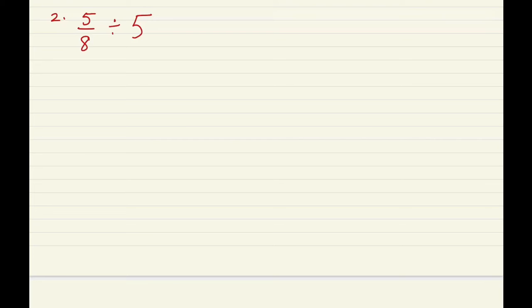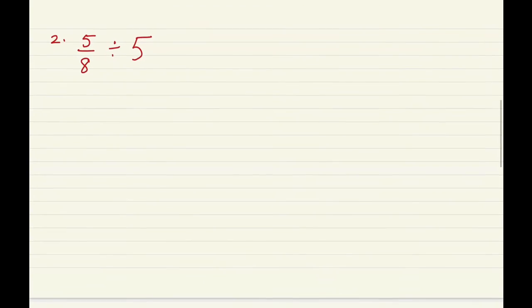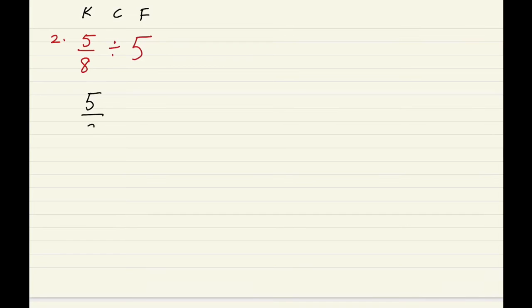So for number 2, we have 5 over 8 divided by 5. So I'm just going to put keep, change, flip. We're going to keep it the same, so that becomes 5 over 8. We're going to change the sign, so that becomes times, and then we're going to flip.